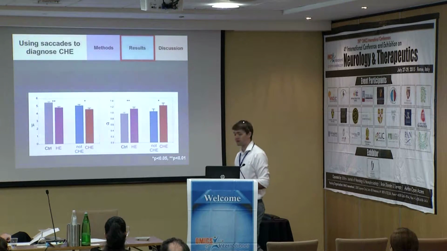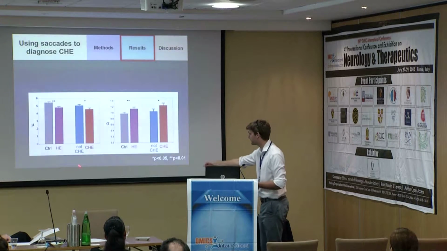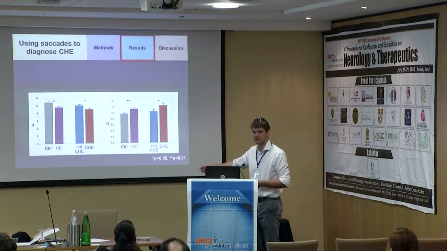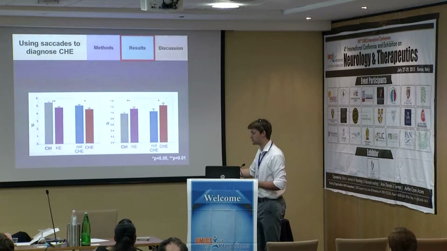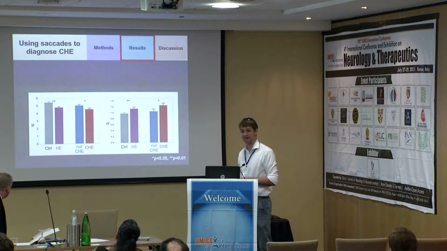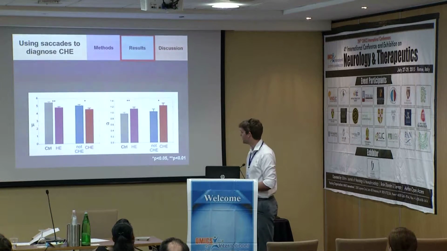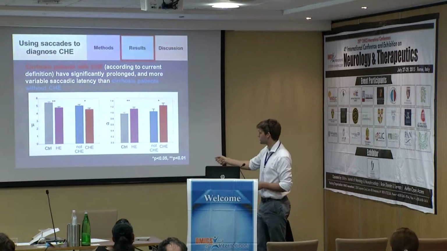Now, the key question I asked at the start was actually referring to this part of the graph here. Okay, these are our patients that we said had covert hepatic encephalopathy when we used our psychometric tests. And these are the cirrhosis patients that did not have covert hepatic encephalopathy using the current battery of psychometric tests. Now, again, what we showed was that there was a significant difference.